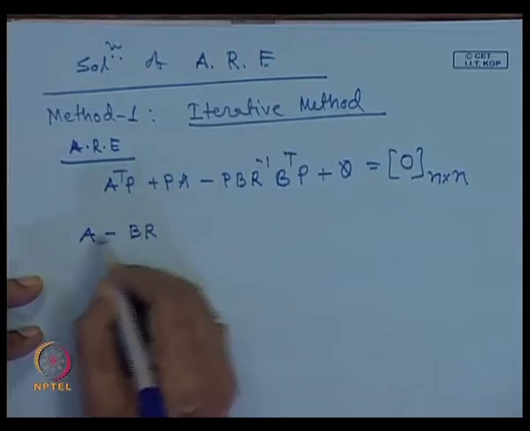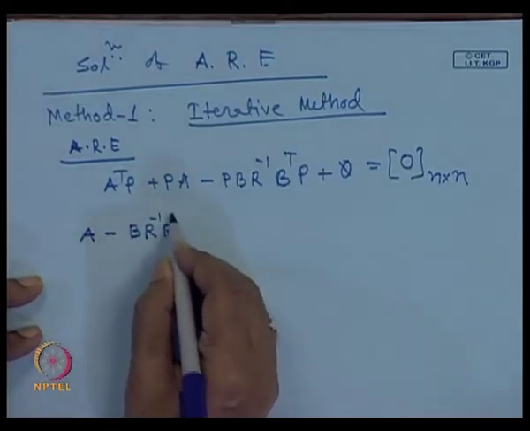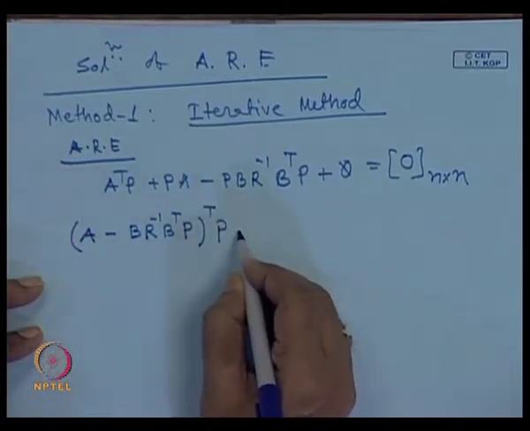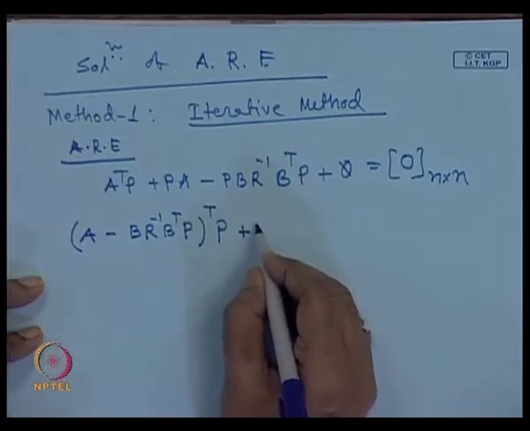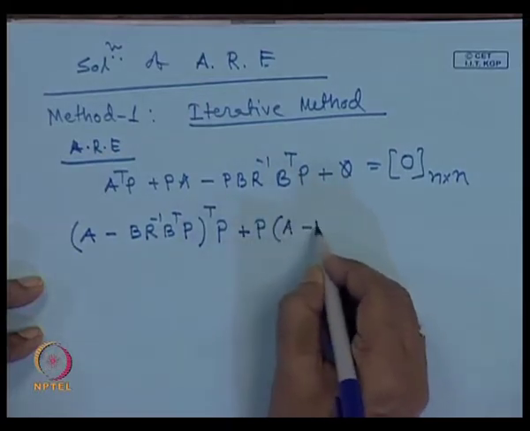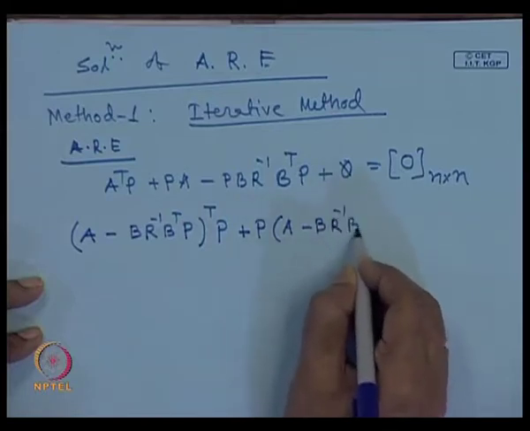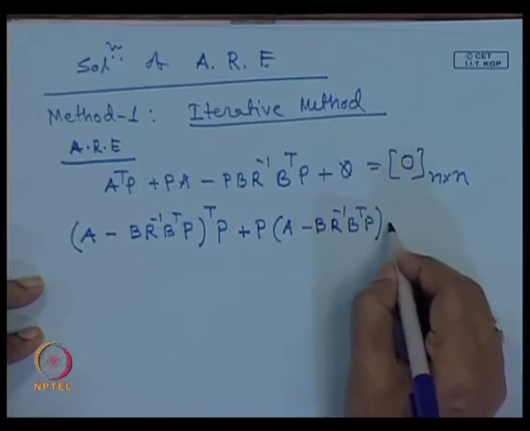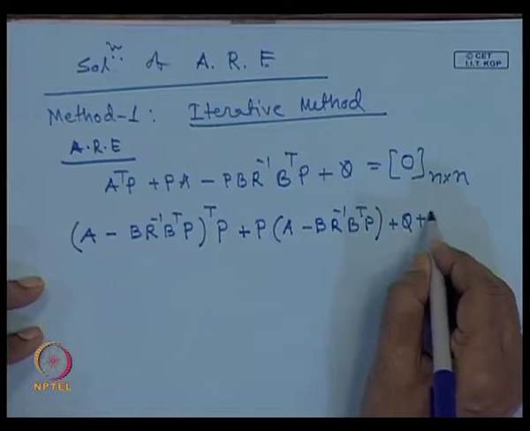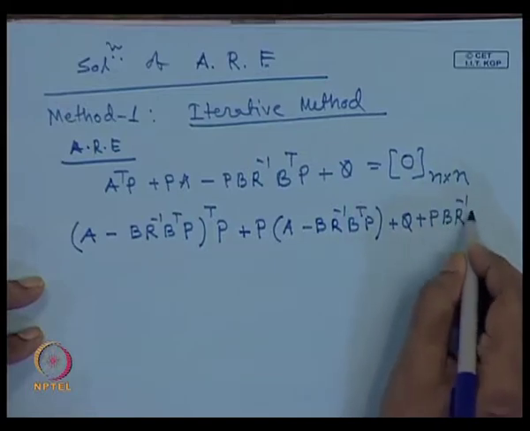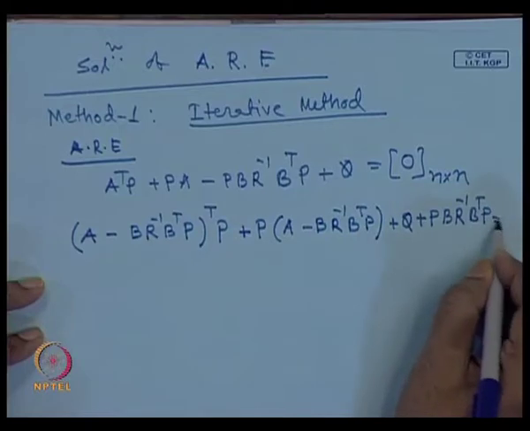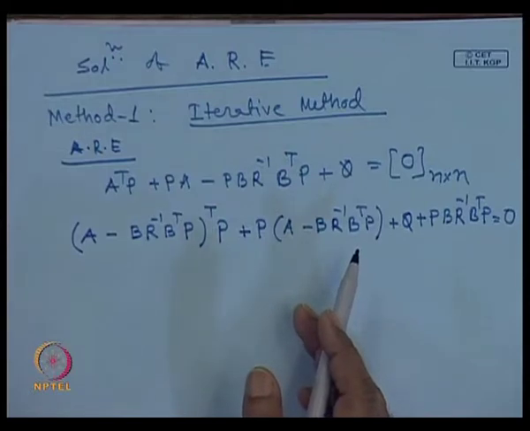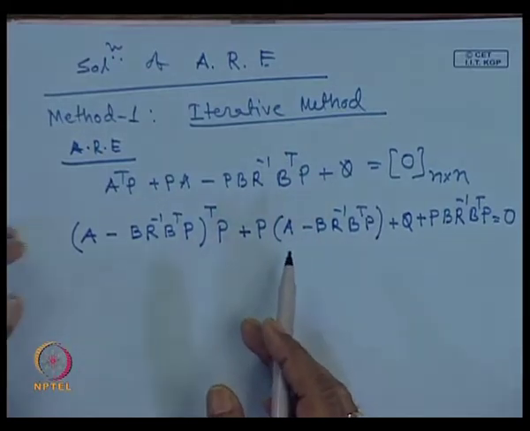A minus B R inverse B transpose P, whole transpose P, then plus P times A minus B R inverse B transpose P, plus Q plus P B R inverse B transpose P is equal to null matrix. Now, we have done this manipulation earlier also when we discussed the finite time regulator problem.